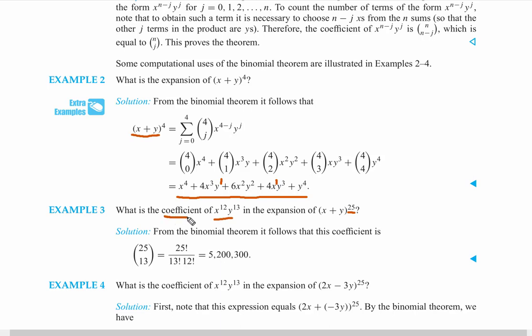The coefficient we need is 25 choose 13, or it's the same as 25 choose 12. It doesn't matter which power you use, but the top number has to be 25. You'll need a calculator to work this one out. 5,200,300.